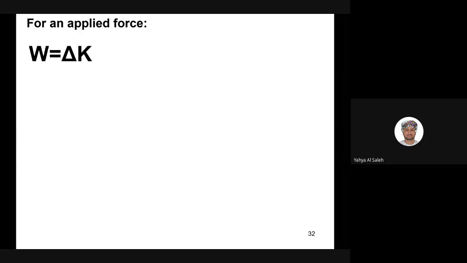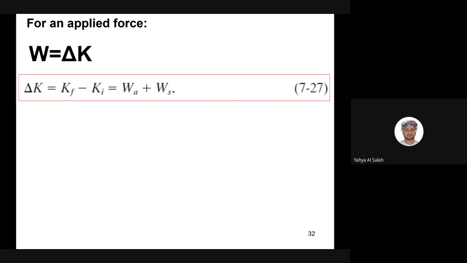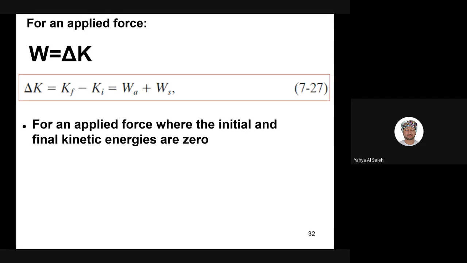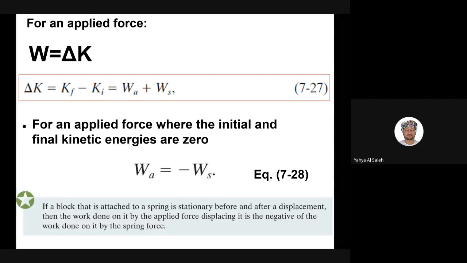So for an applied force, the change in kinetic energy, final kinetic energy minus initial kinetic energy, will be equal to the work applied plus the work from the spring. And if the initial and final kinetic energies are 0, then these are exactly equal but opposite. So whatever work you're applying is exactly equal to the negative of the work done by the spring. So you're doing exactly the opposite. It cancels out.